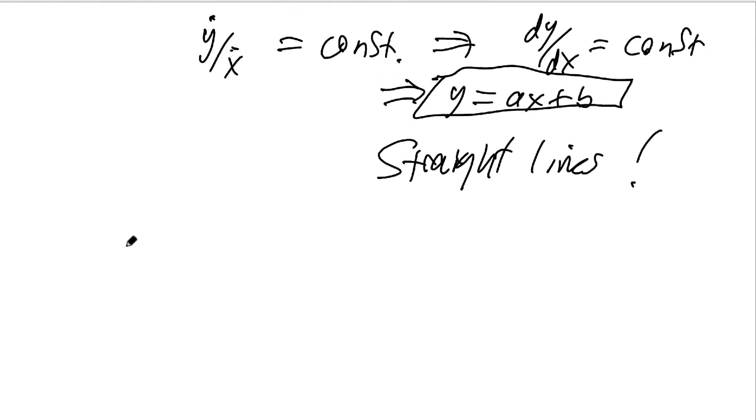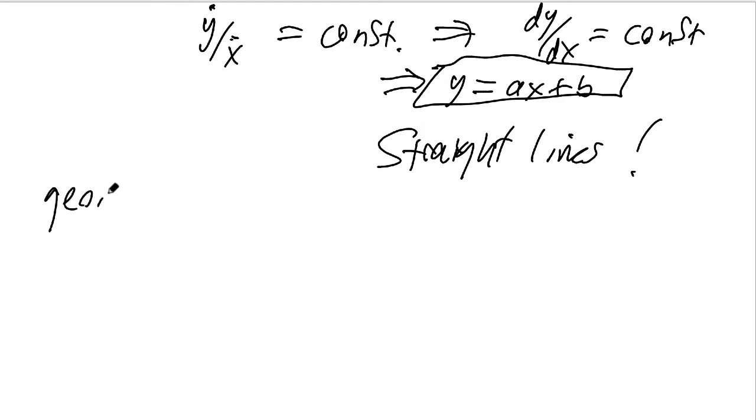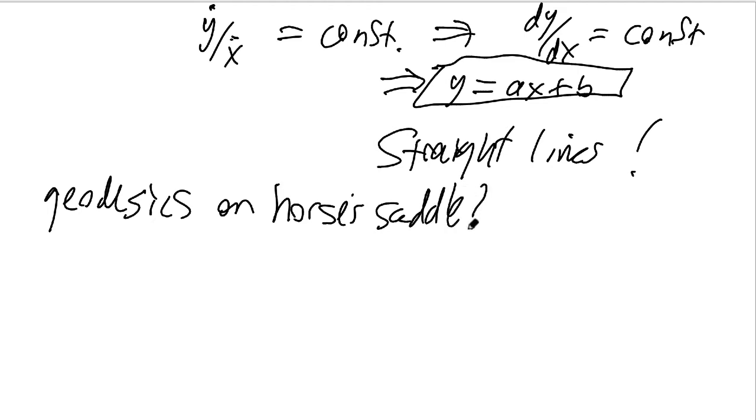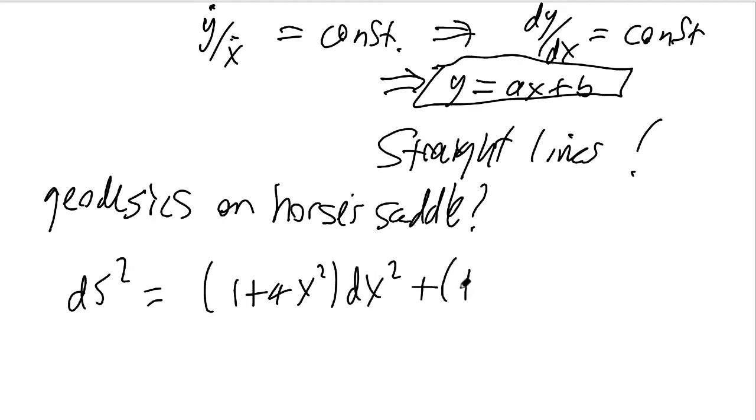Let's take a look at another example. What are the geodesics on the horse's saddle? Well, if I remember correctly, the line element for the horse's saddle looks something like (1 plus 4x squared) dx squared plus (1 plus 4y squared) dy squared minus 8xy dx dy.